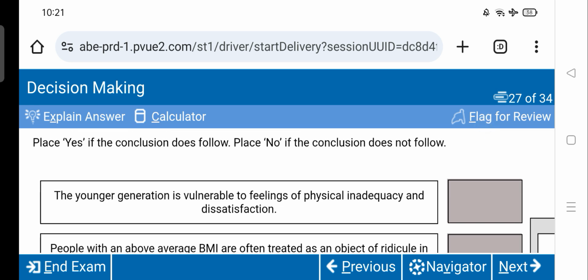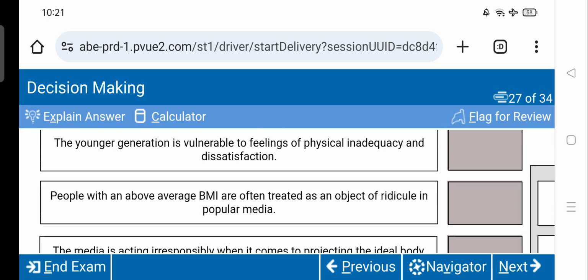The younger generation is vulnerable to feelings of physical inadequacy and dissatisfaction. People with an above average BMI are often treated as an object of ridicule in popular media.